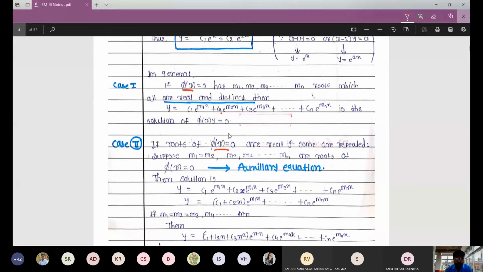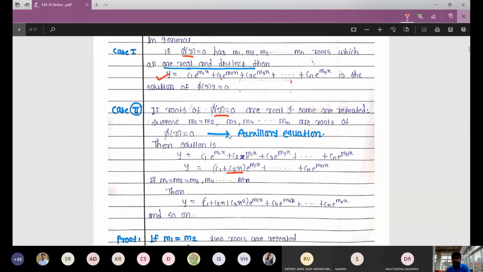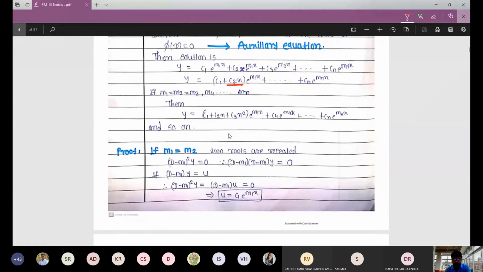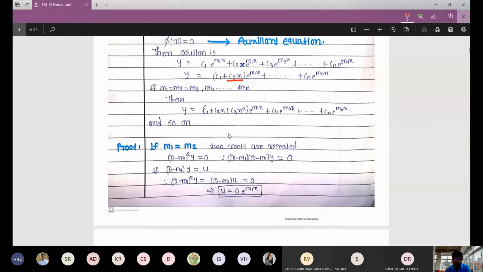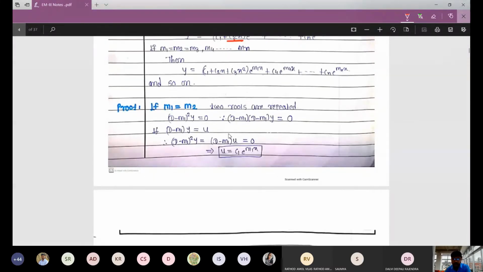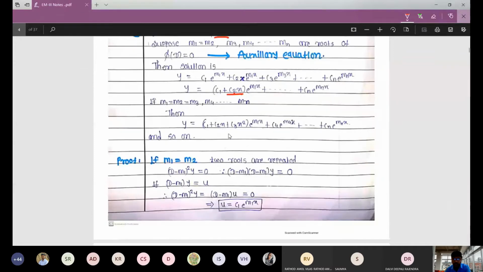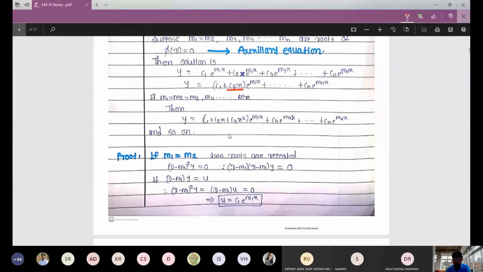In that particular case we write the solution as c1 plus c2x, times e to the power m1x, plus, for the rest of the roots, we follow the solution from case number 1. So that is case number 1 and case number 2, which we studied in yesterday's lecture. I already went through the proof of why we need to include that x in the case of a repeated root. So this is the proof.